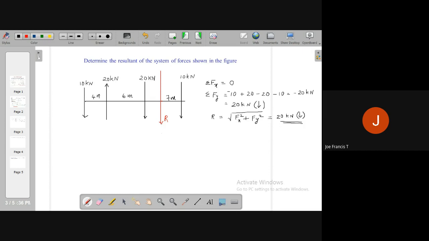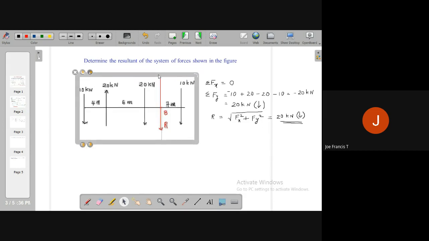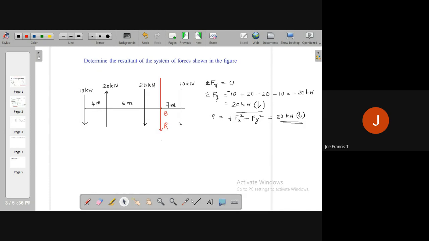Now, where is this point? Suppose this point is, say, B. How will you define this point B? That is the next question. So it is here that the Varignon theorem will help you. So what we need to do is we need to apply Varignon's theorem here. Suppose, say you take a point in this plane.